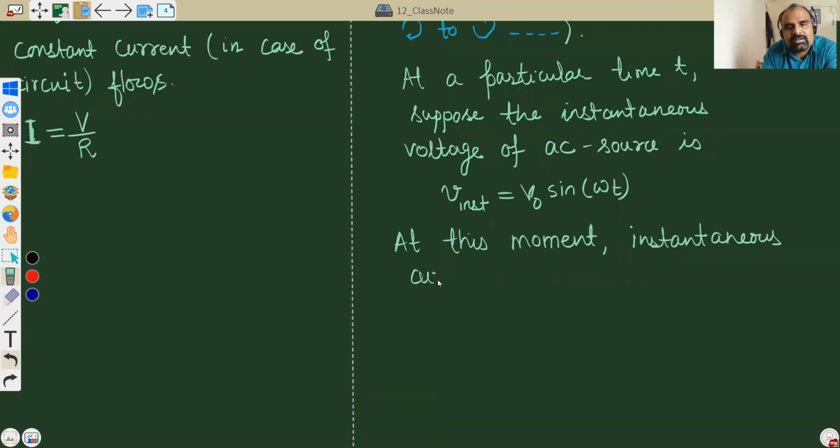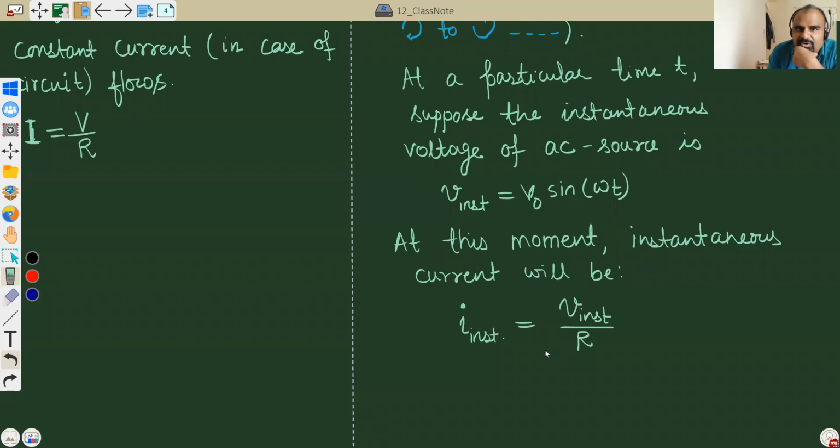Instantaneous current will be small i inst, which will be instantaneous voltage divided by resistance, Ohm's law basically.